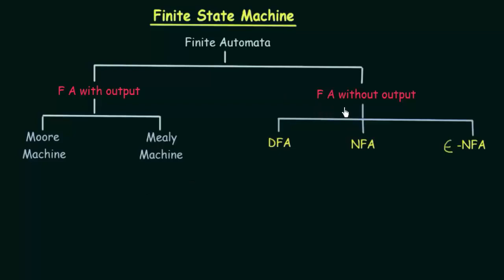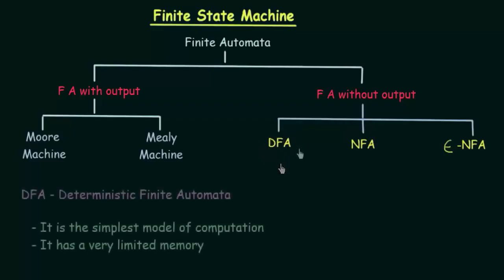And in finite automata without output, we have three categories, namely deterministic finite automata or DFA, non-deterministic finite automata or NFA, and epsilon non-deterministic finite automata or epsilon NFA. Alright, in this lecture we will mainly be focusing on deterministic finite automata or DFA.